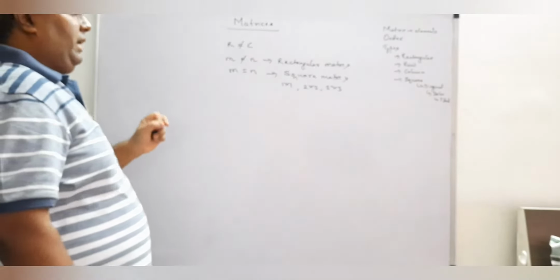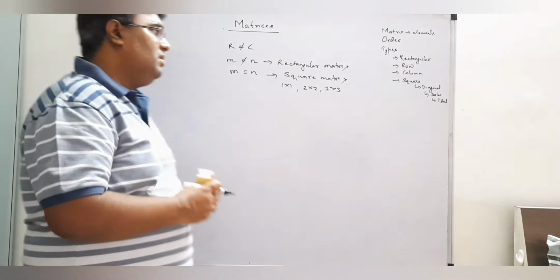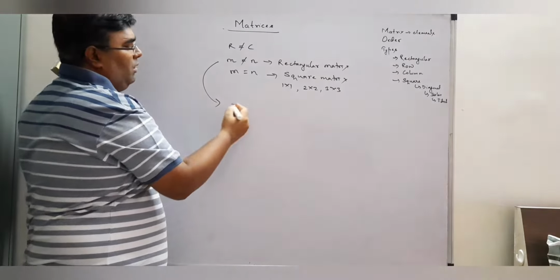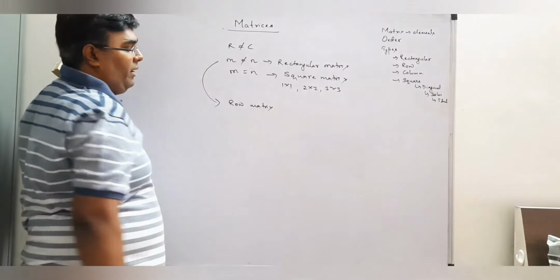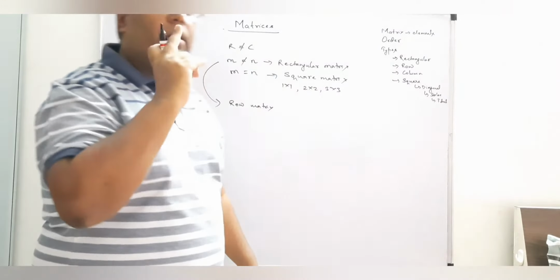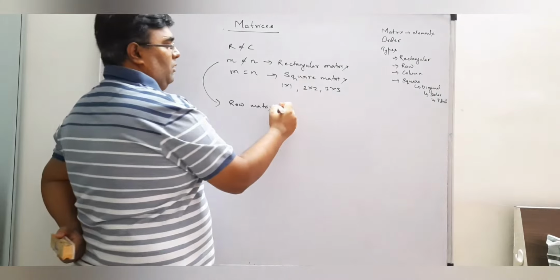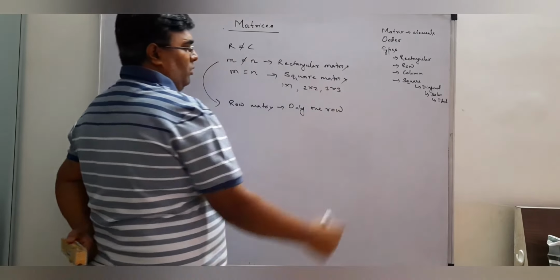Okay, now in rectangular matrix we have two more specific matrices, which are row matrix and column matrix. What is a row matrix? A row matrix is basically one which has only one row.